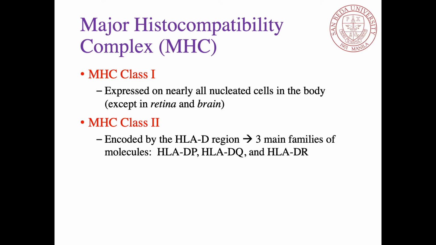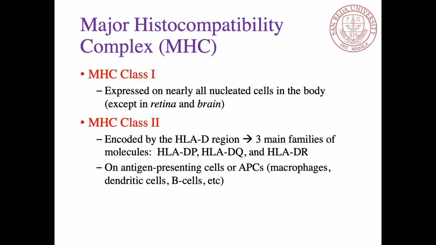You encounter these groups again later in pathology because certain diseases are implicated by these groups of molecules. MHC class 2 is located on APCs, on macrophages, dendritic cells, B cells, any antigen presenting cell.